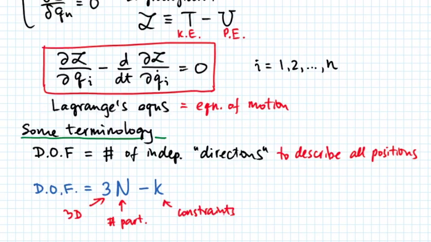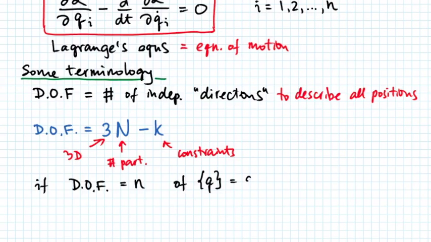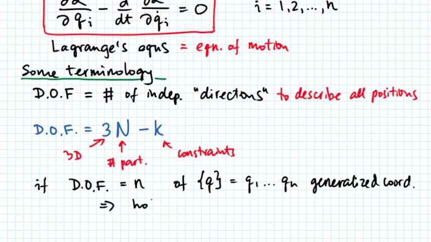Now, that's what we would typically expect. If the number of degrees of freedom is equal to the number of generalized coordinates n, where we defined this set as this collection of n generalized coordinates, then we have what is called a holonomic system.